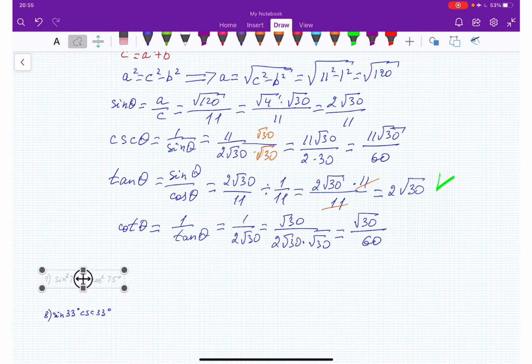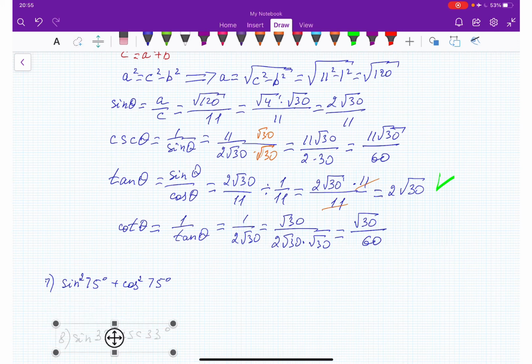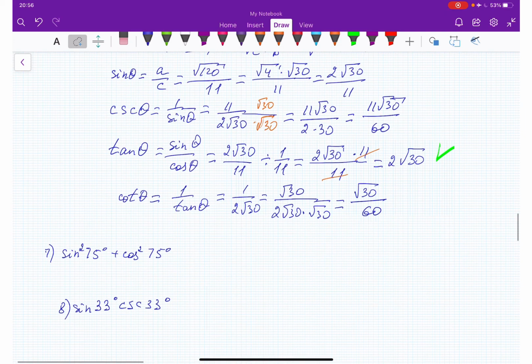Now let's solve problem number 7. So next we are going to solve the following operations: sine squared 75 degrees plus cosine squared 75 degrees.